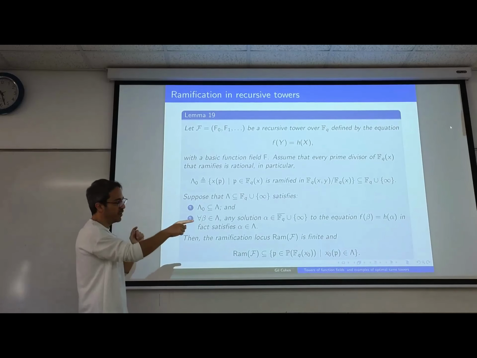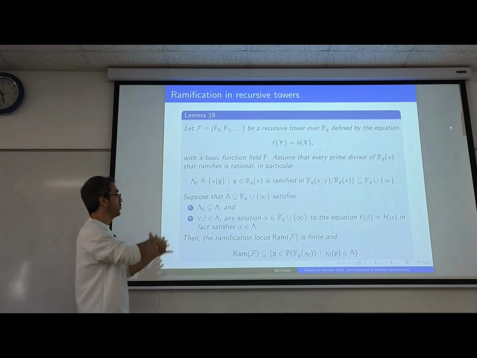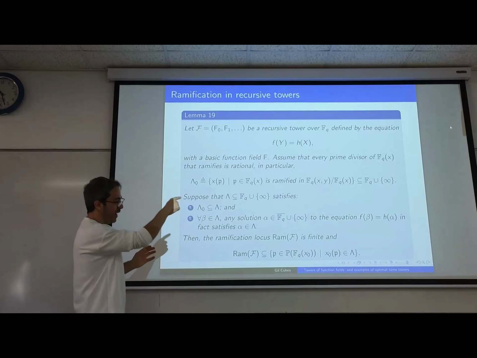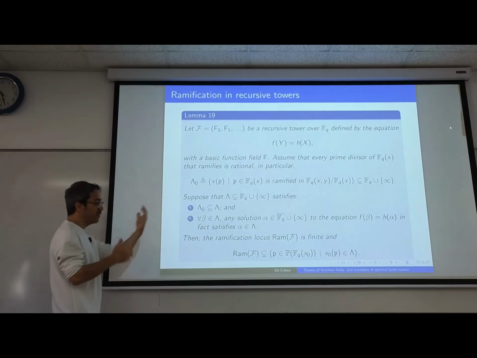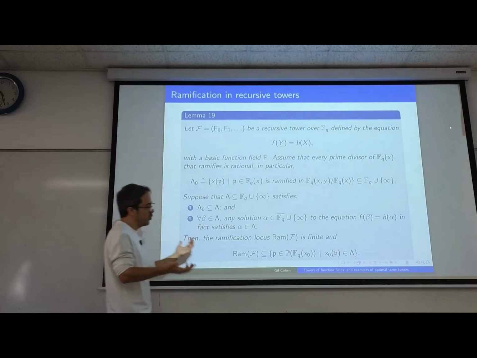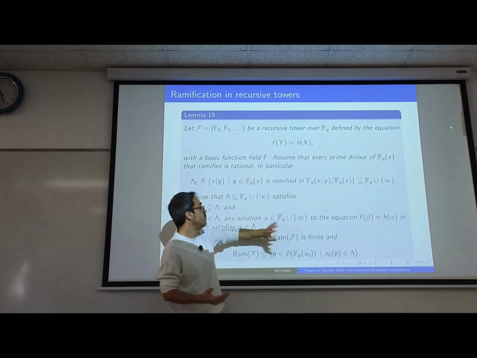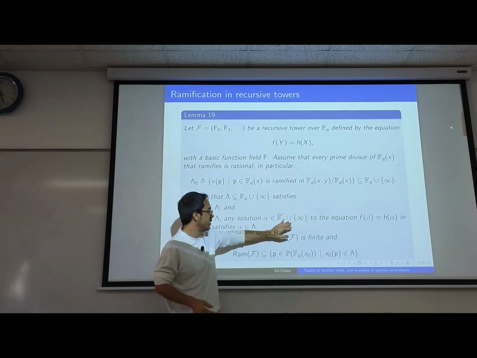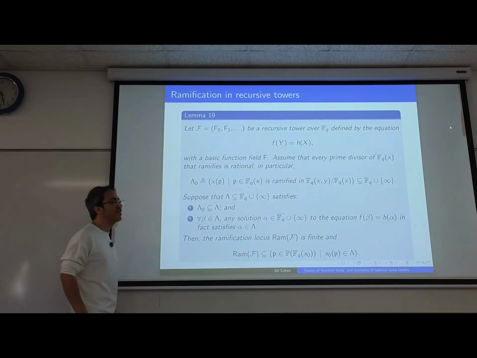Before we plugged things into H and then solved F of whatever. Now we are plugging things into F and solving for alpha in the equation H of alpha equals F of beta. So you solve this equation, there are roots in some field extension, it could be repeated roots and so forth, but there are roots, including infinity if you extend your arithmetic like we did at the beginning of the course.